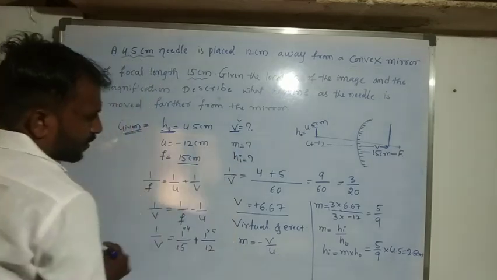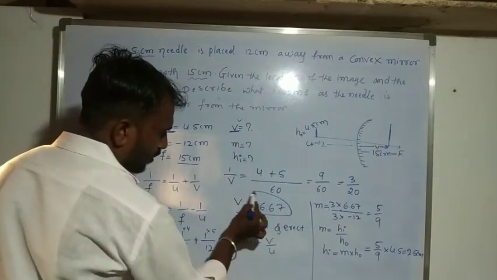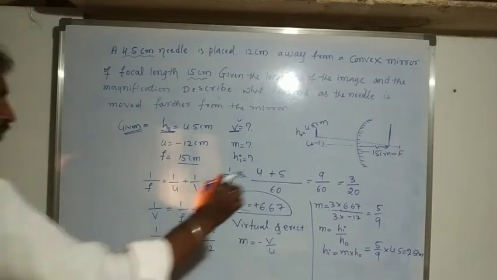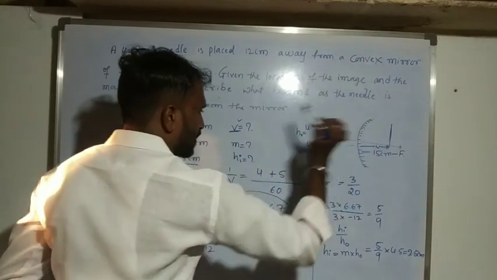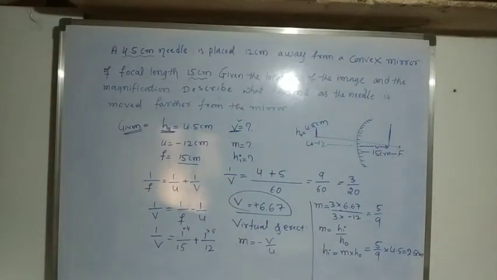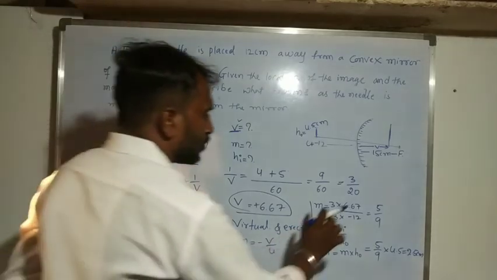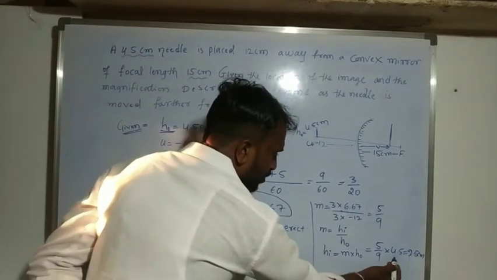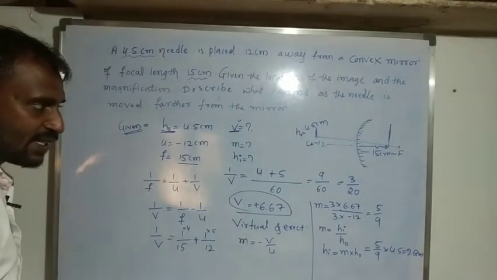Okay, so here image distance is plus 6.67, so this one is a virtual and erect image, and the image is formed beyond the mirror. Here is the object and this one is the image. The image forms beyond the mirror, magnification value 5 by 9, and height of image 2.5 centimeter.